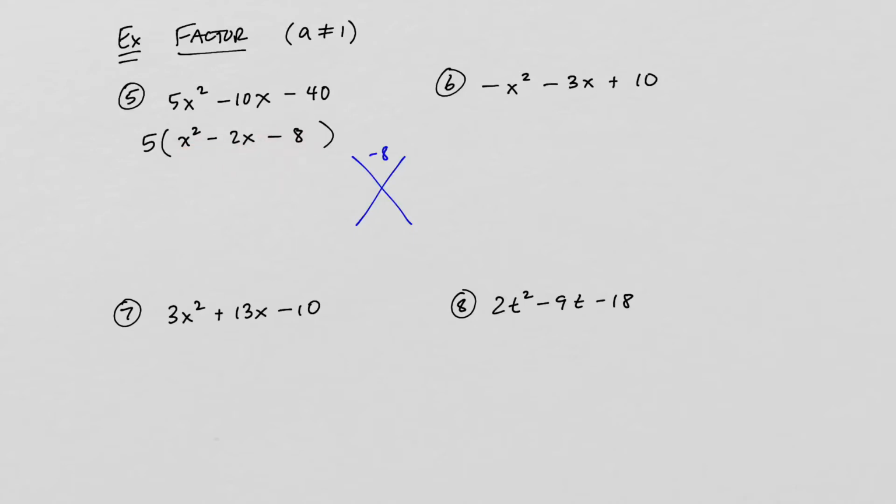So negative 8 goes on top, negative 2 in the bottom, and the two numbers that you can multiply to get negative 8 and add to get negative 2 would be negative 4 and positive 2. So to finish this up, this is going to factor as x minus 4 times x plus 2, and you need to remember to keep the 5 on the outside of the parentheses since that is part of the answer.